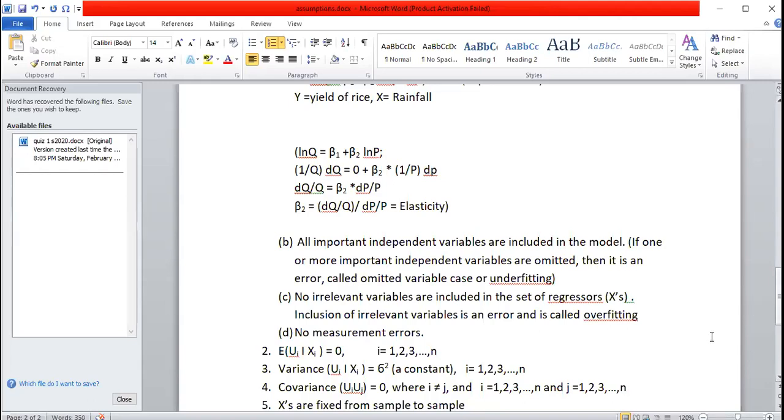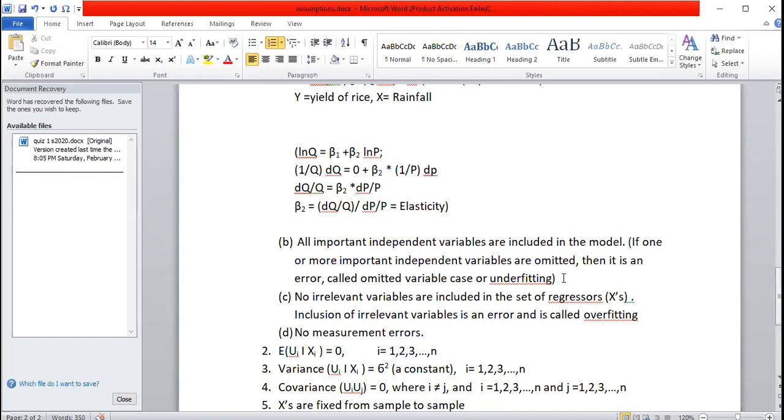You have to always go back to economic theory. You have to check what variables should be in the model and what variables should not be. If economic theory says a variable is important, like income in the demand function, you include it. If economic theory does not say that the price of an input of a production process should be in this model, theory does not say anything in that line, so you should not include it.